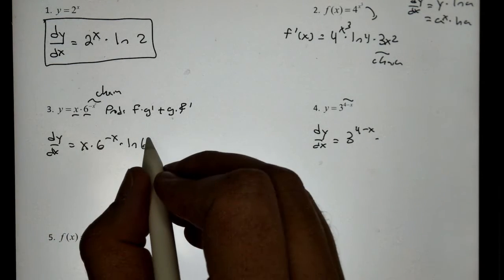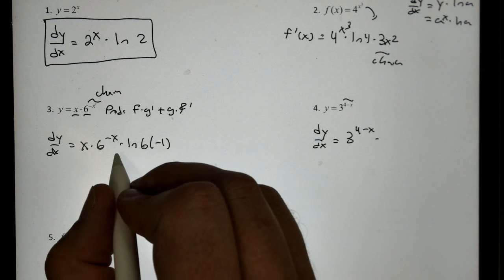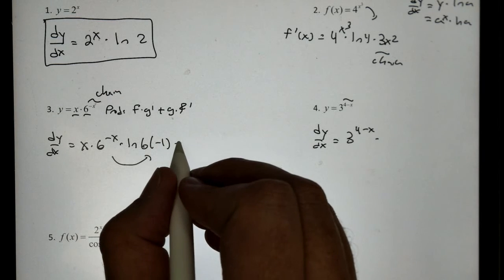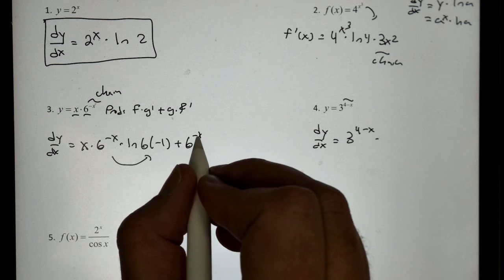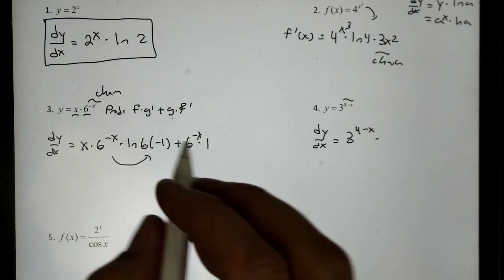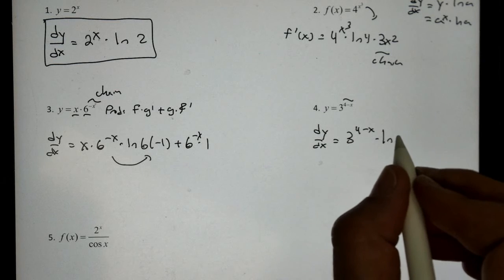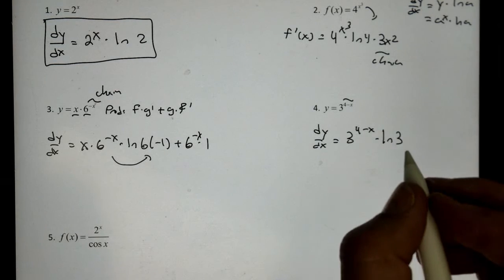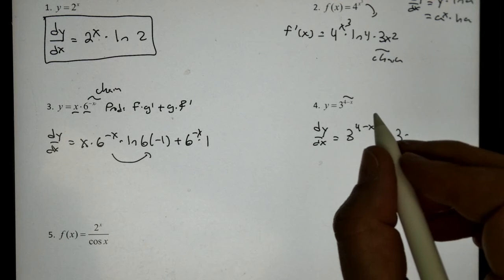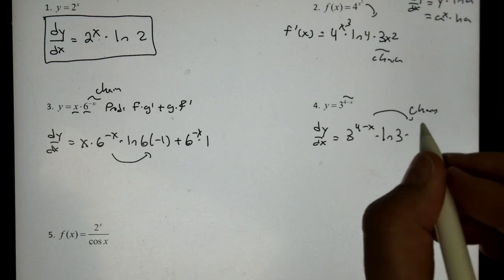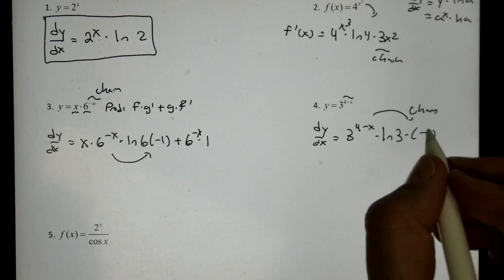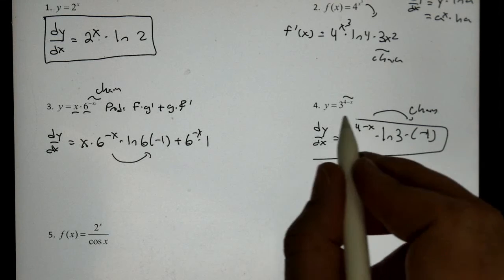Very easy to forget, obviously, times the negative 1. That's my chain. Plus the second, 6 to the negative x, times the derivative of the first, which is 1. I forgot my natural log. And I remember that when I did it over here. Oh, I got to multiply by the natural log of the base. So very easy to forget, so be careful. Times, but there is a chain right here. I'm going to multiply that by negative 1. And there's our answer. There's our derivative.